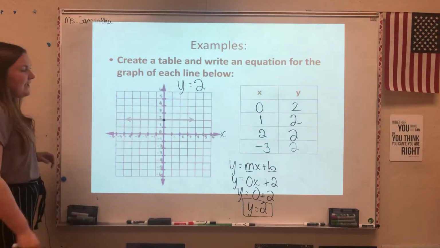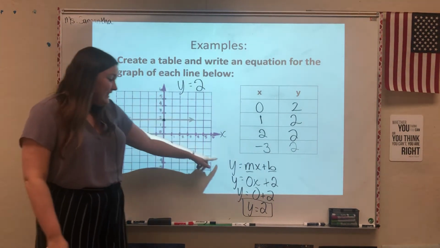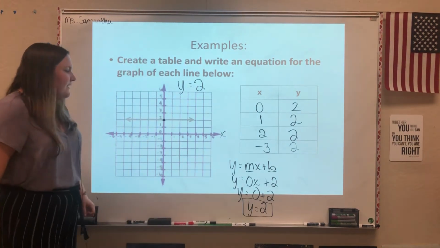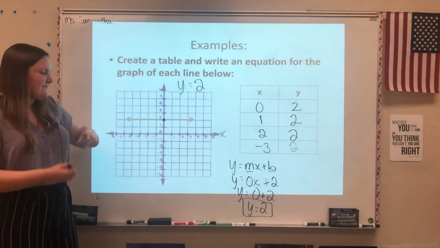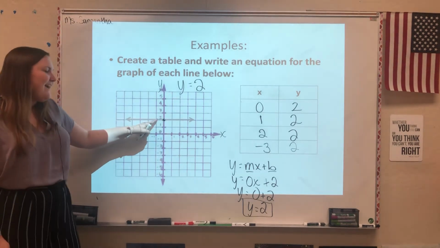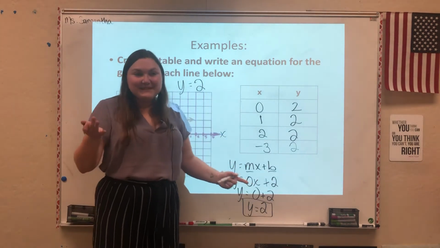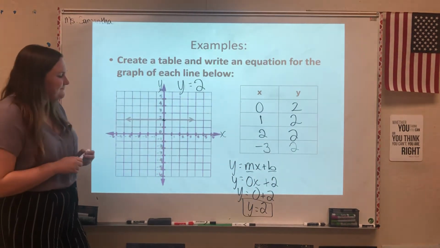Now, when you're looking at a graph of a line like this and trying to get an equation, you can do this every single time if you want. There's nothing wrong with that. But the quickest way is just to see, okay, it is crossing our y-axis. This is our y-axis. It's crossing our y-axis at 2. Every single point here has a y-coordinate of 2. That must mean our equation is y equals 2.